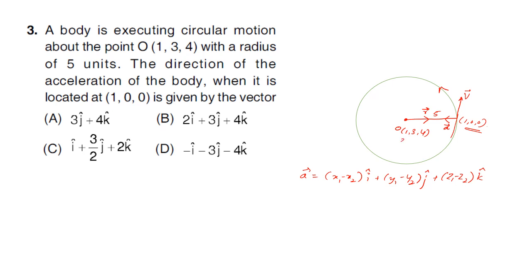If you consider this as x1, y1, z1, this one as x2, y2 and z2, x1 minus x2 is 1 minus 1 I plus y1 minus y2, 3 minus 0 j plus 4 minus 0 k, that is 3j plus 4k. Therefore, direction of acceleration of the body is given by 3j plus 4k.